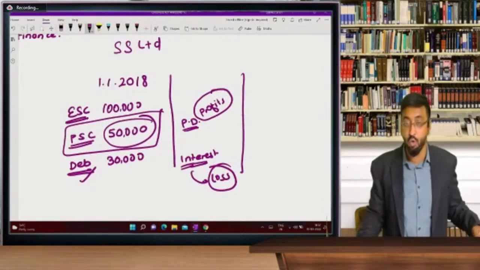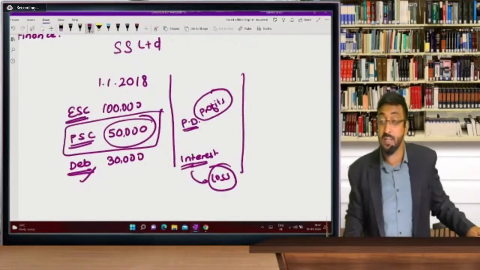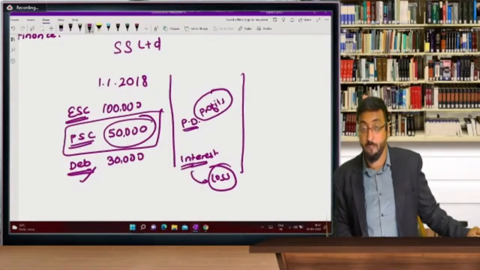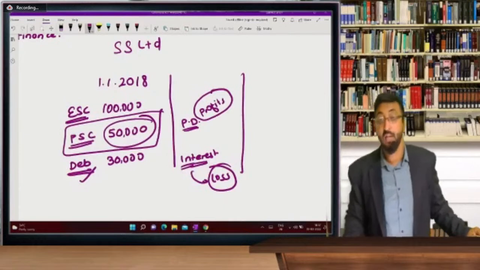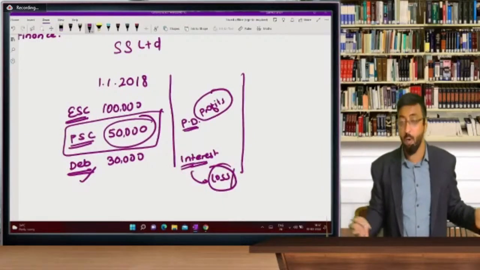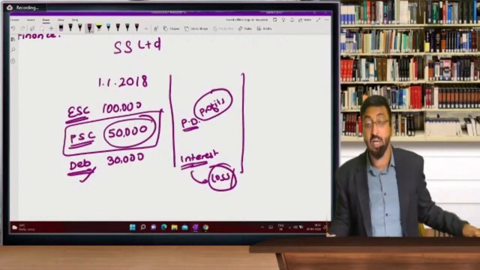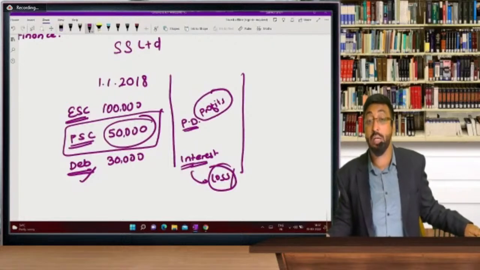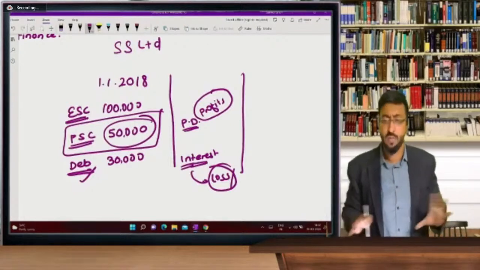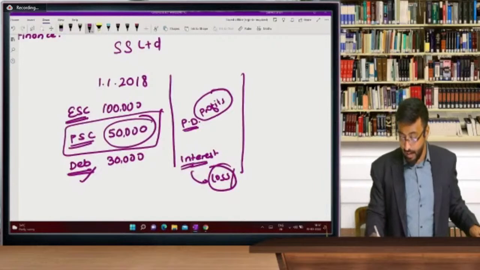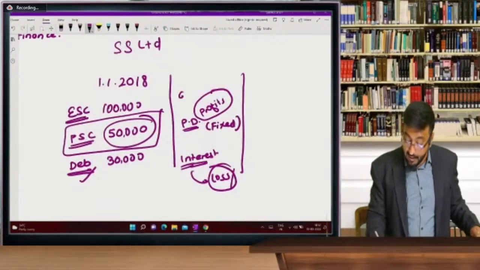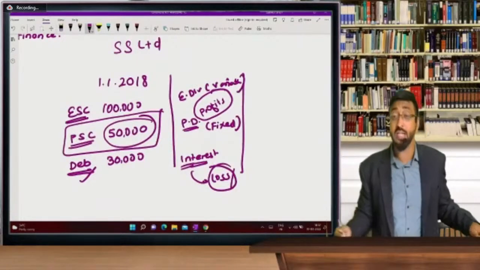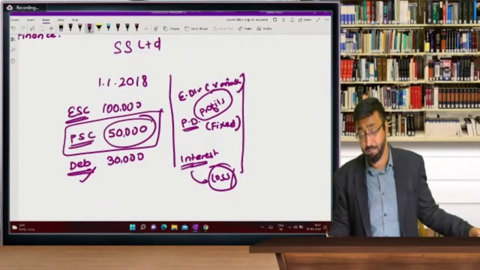Preference dividend rate is fixed, but equity dividend rate is variable. This is how you raise your sources of finance.